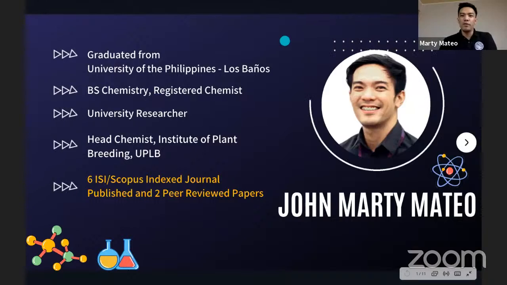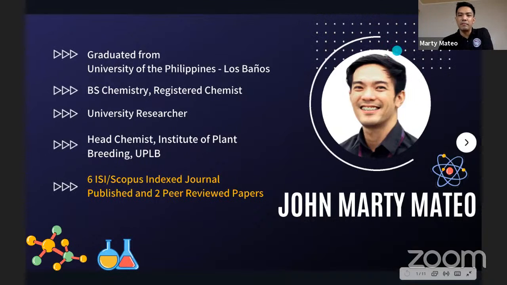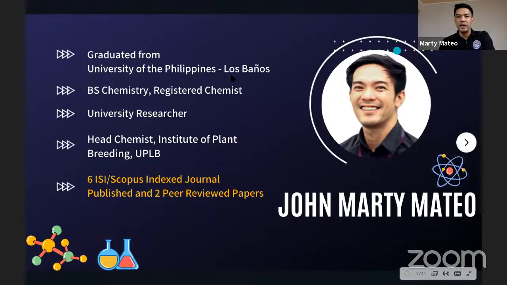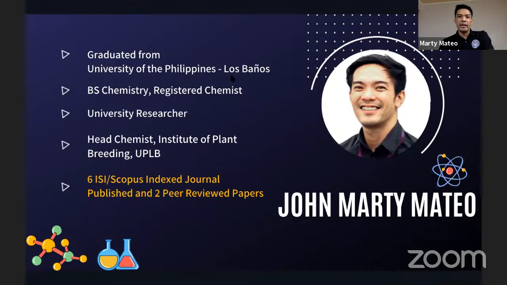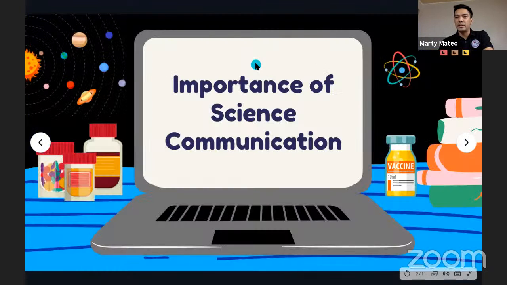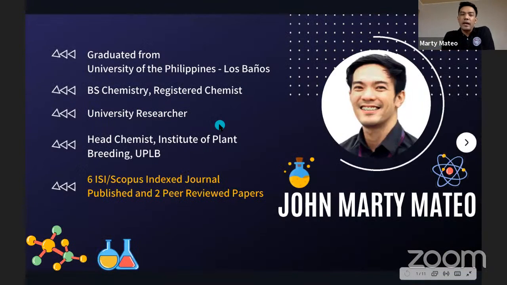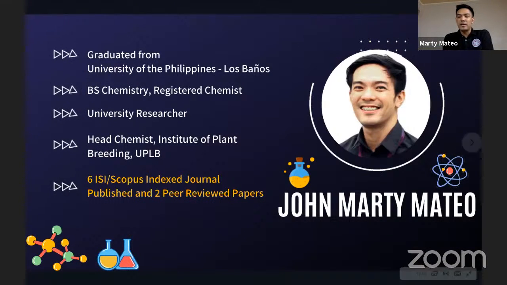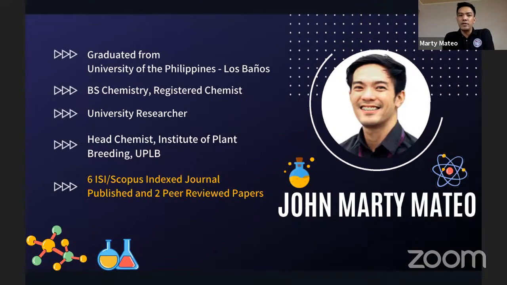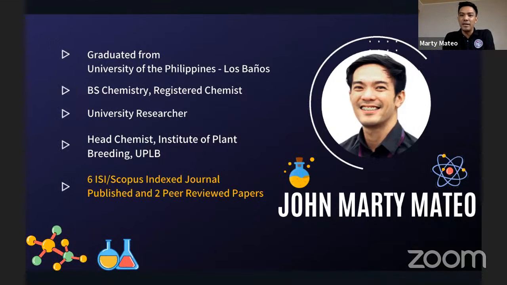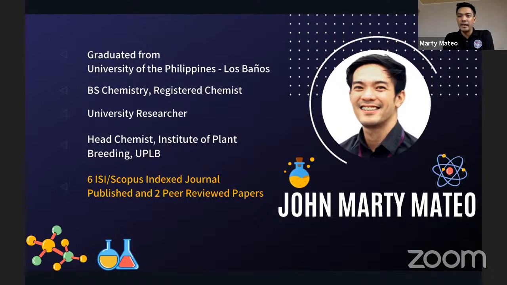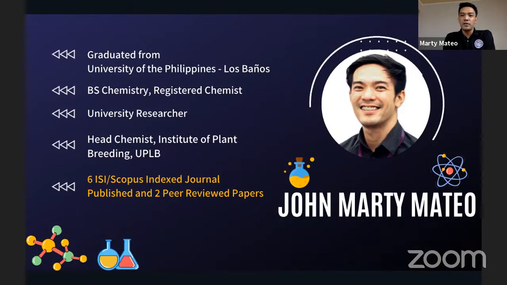Before I start my talk, let me introduce myself. My name is John Marty Mateo, and I am a graduate of chemistry at UPLB, and I am a registered chemist. I am now employed at the Institute of Plant Breeding at UPLB as a university researcher, and I head the Analytical Chemistry Laboratory.